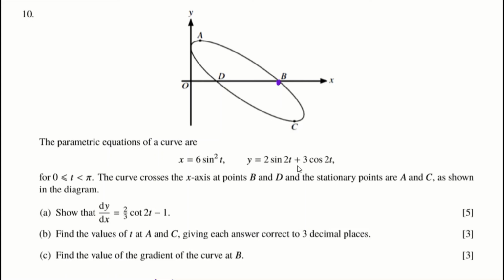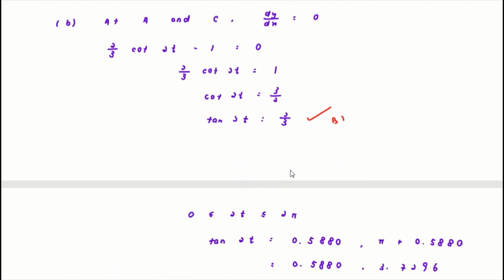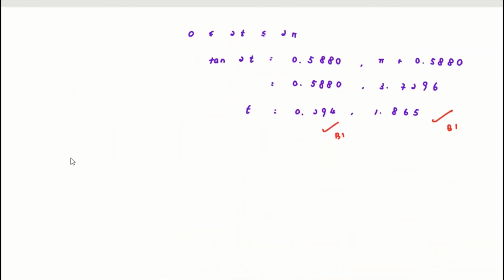So to get your t, you need to refer back to the diagram here. You can see at B, your y is equal to 0, so you can substitute 0 here to help you get your t. So y equals 0. Something you can try is to write down your dy dx first, then maybe later it's going to help you know until which step you need to stop.